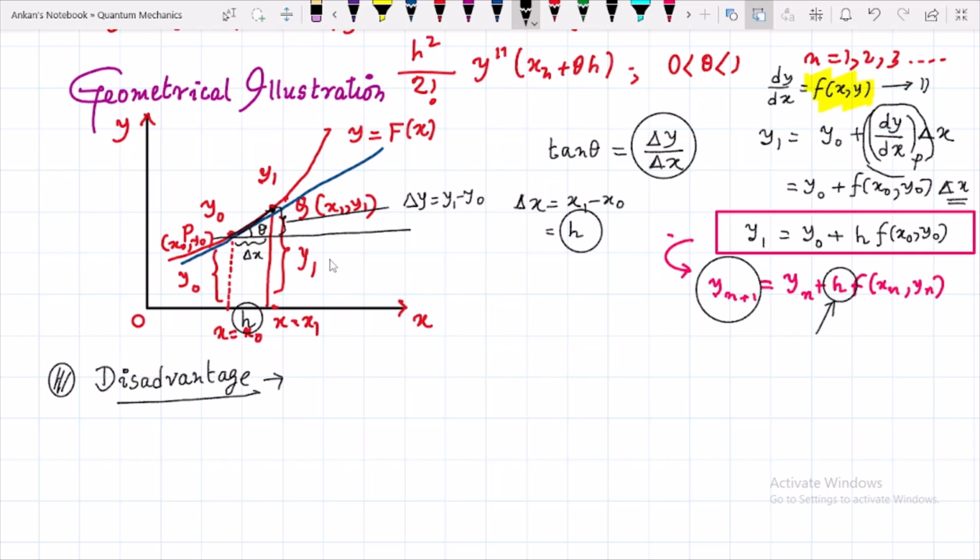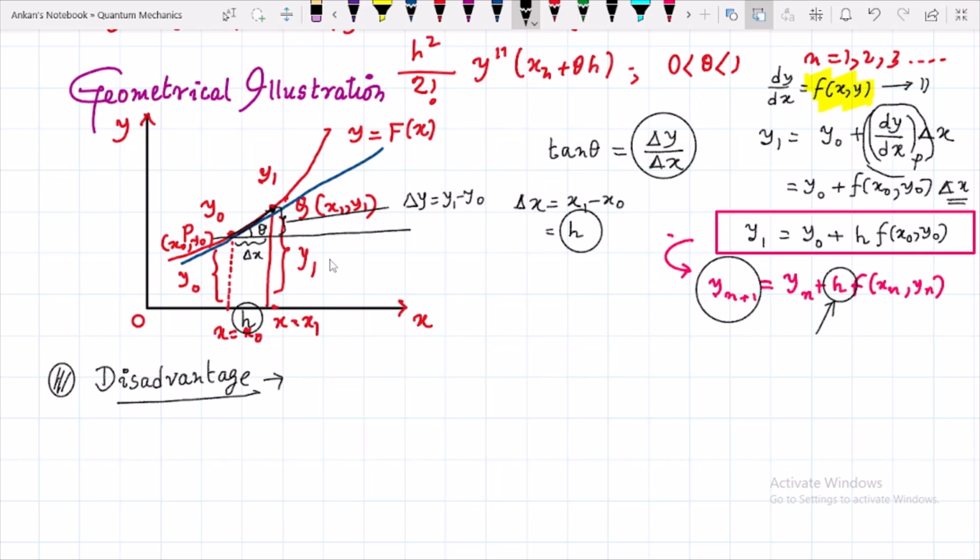So let us pick up an example to solve a differential equation by this process. Let us pick up some problems.